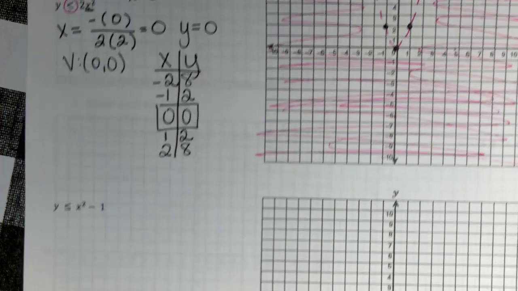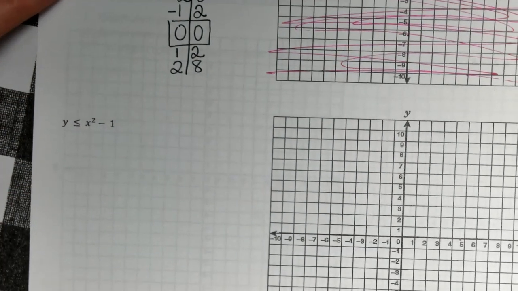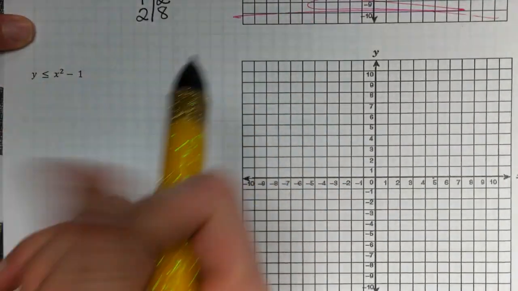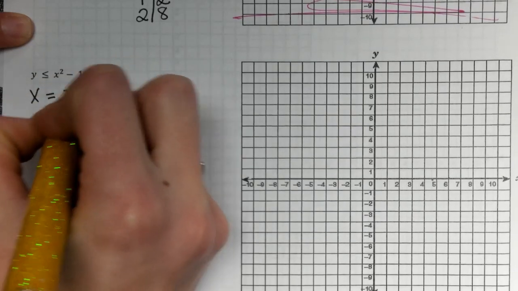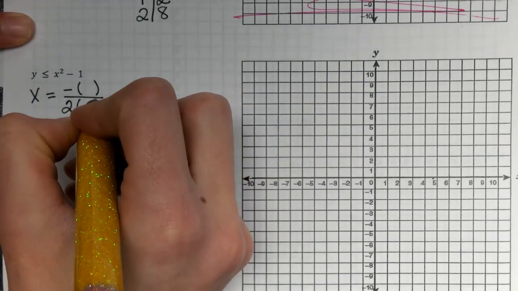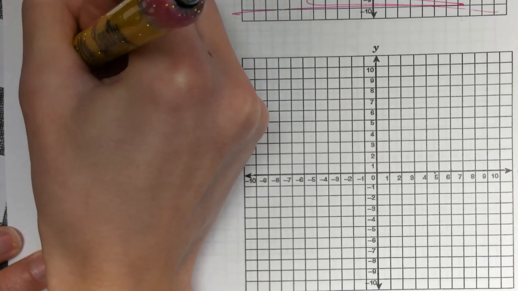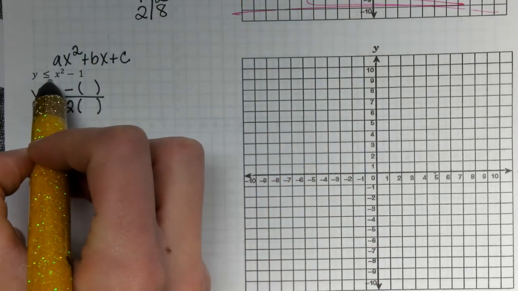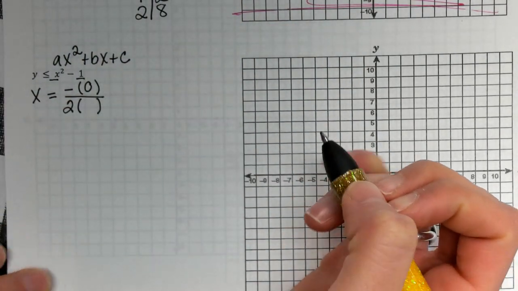Okay? So my next example, I've got y is less than or equal to x squared minus 1. So I'm going to do x equals negative, I'm going to leave a spot for b over 2, leave a spot for a. Okay, if my standard form is ax squared plus bx plus c, I only have an a and a c, so my b is still 0 because I don't have an x term.